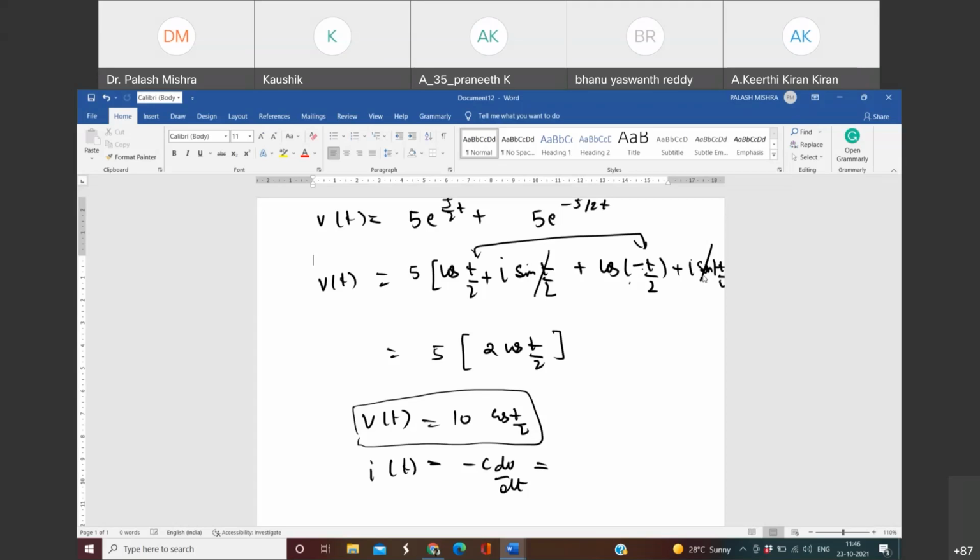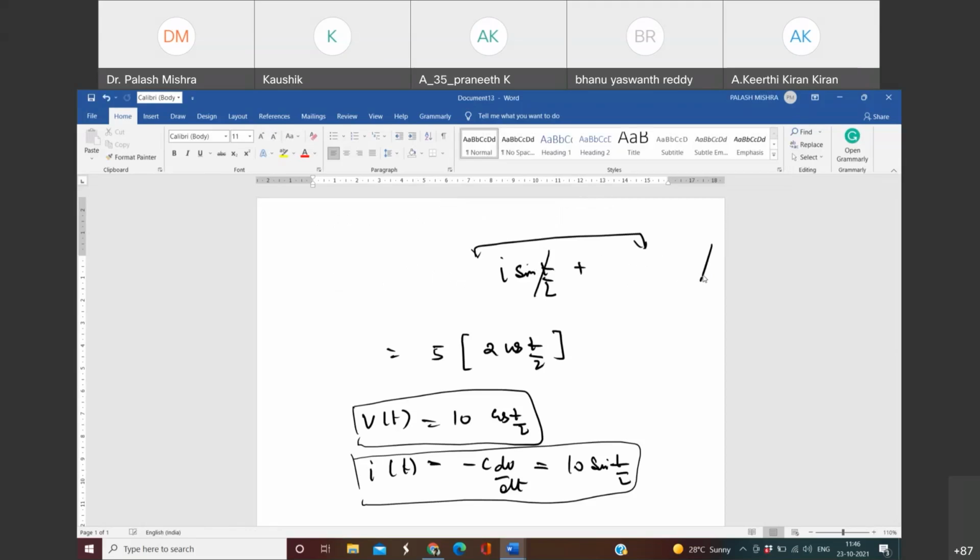Come again? 10 sine t by 2. Very nice. So the current in this circuit has come out to be 10 sine t by 2, and the voltage in the circuit has come out to be 10 cos t by 2.